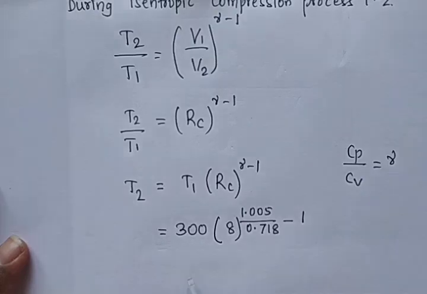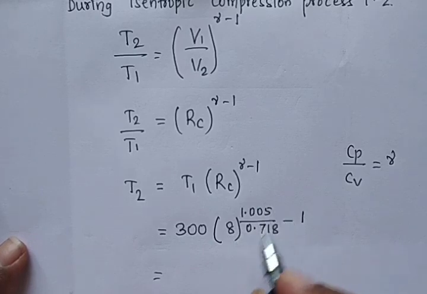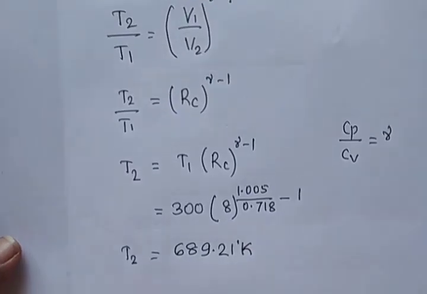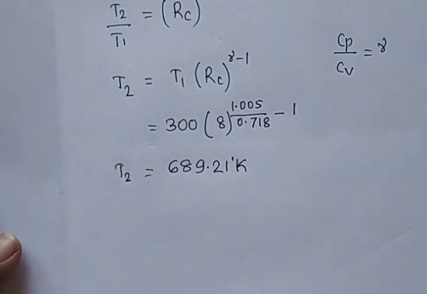Minus 1, these three things are on the whole raised to 8. So find out the value of T2. So T2 will be equal to 689.21 Kelvin.